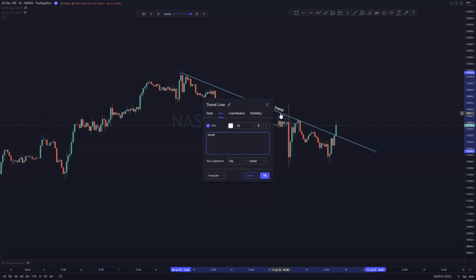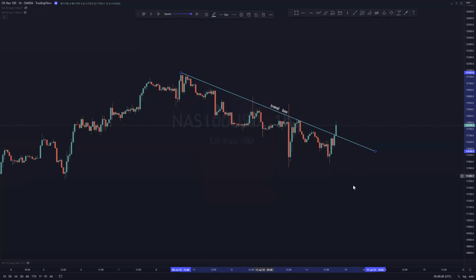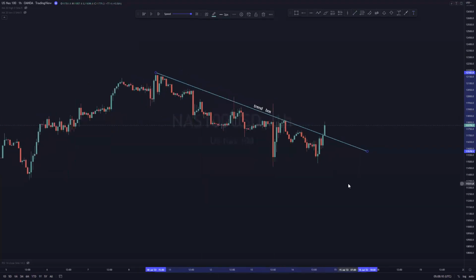Once we have a break of structure on the trend line, we are looking for other confirmation.